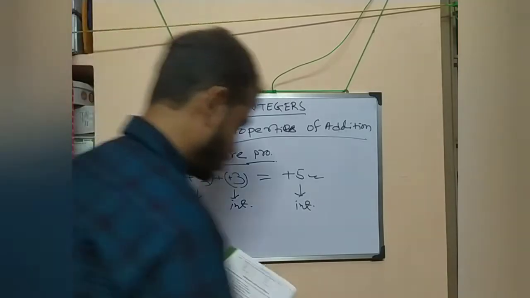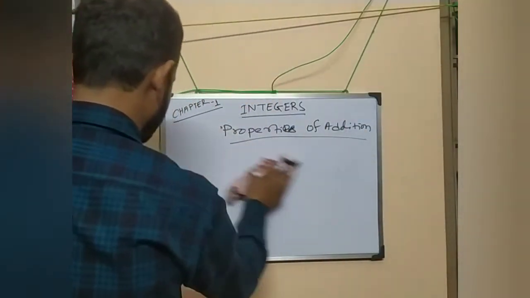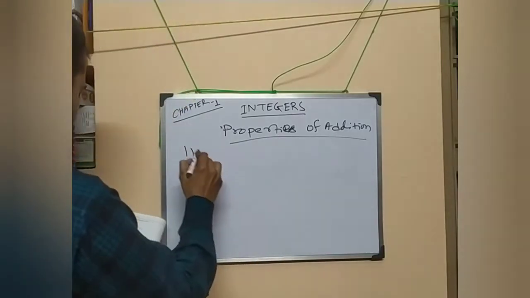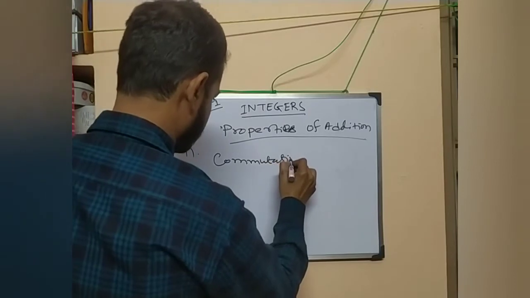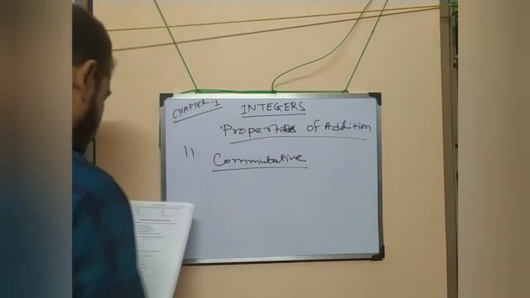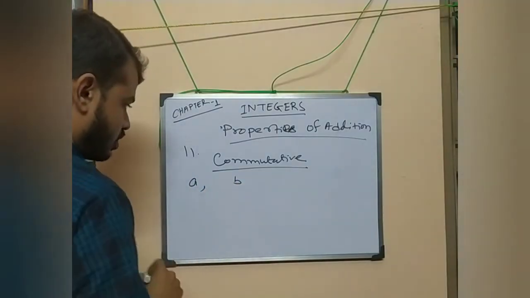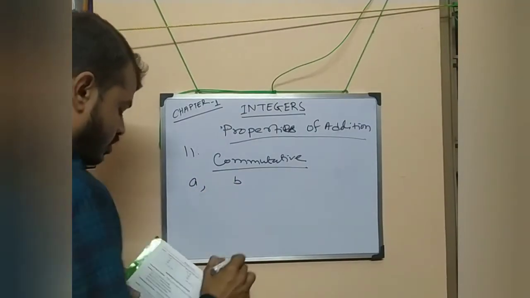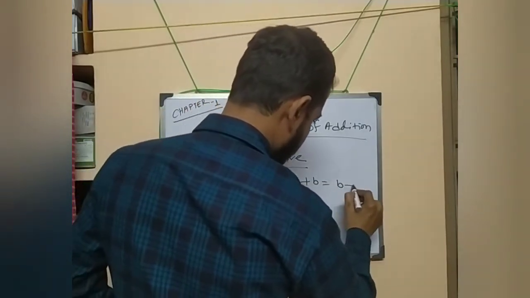Okay, so next is commutative property. Number 2, commutative property of addition. See, a and b are two integers. Then a plus b equal to b plus a.